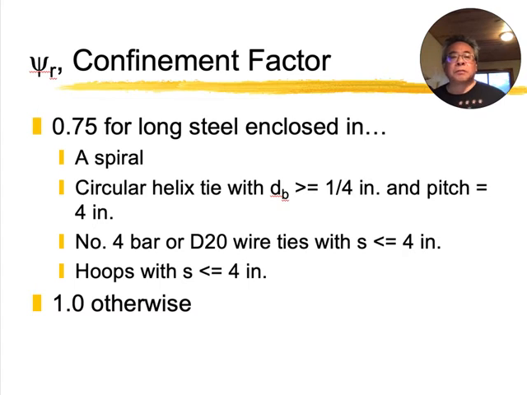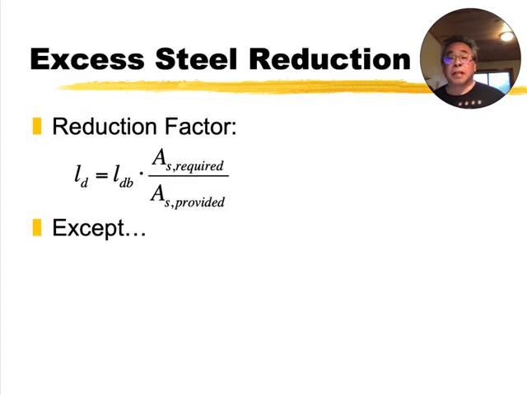You get to reduce the development length if you have extra steel. So if you only needed 4.5 square inches, but you provided 5.0 square inches, for example, you could reduce your development length by 10%, because that comes out to 9/10.